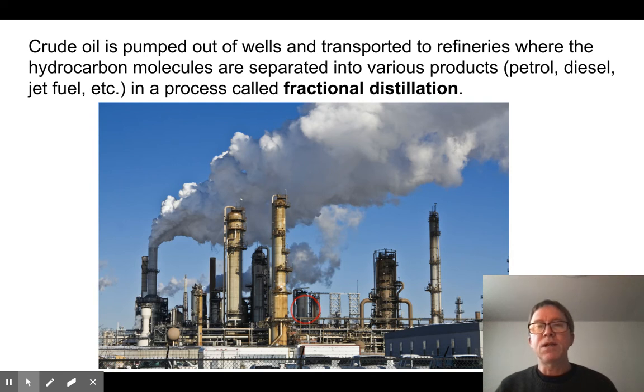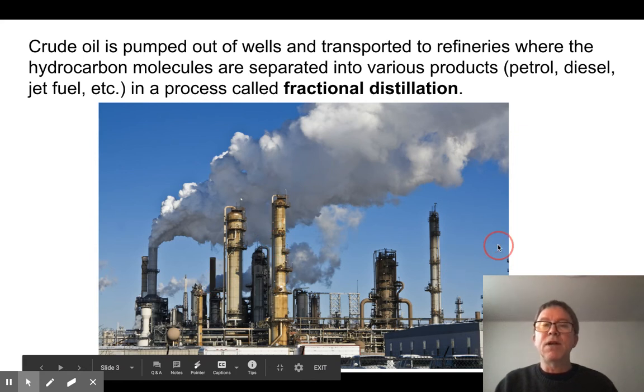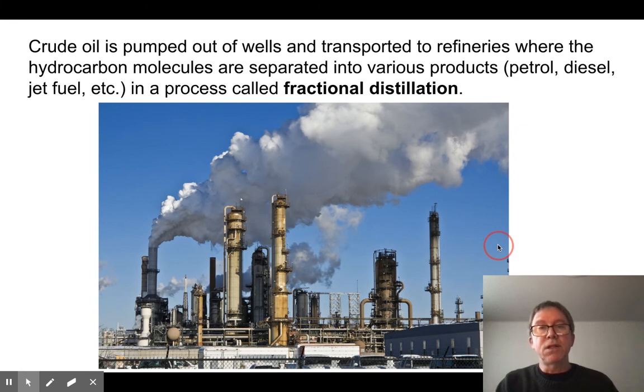And so the way that we separate it into, say, gasoline, petrol, diesel, jet fuel, kerosene, is we use a process called fractional distillation, which basically means you heat it to different temperatures, and the lower the atomic mass is, the more likely it is to volatilize and then get pumped out. There are oil refineries that take the crude oil and refine it into these different products using this process of fractional distillation.